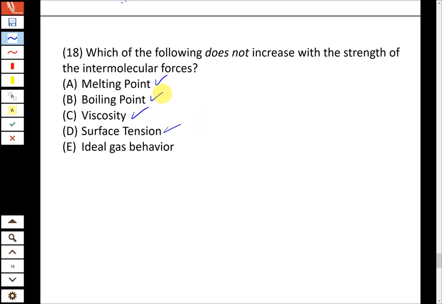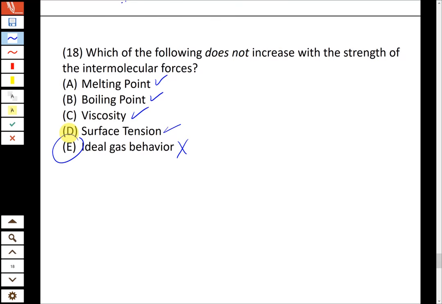So all four of those directly correlate with intermolecular forces, but then ideal gas behavior is the one where the stronger the intermolecular forces, the less ideal the gas will be. We talked about this in the previous problem, so this will be our answer. This is one that doesn't increase with the strength of intermolecular forces, because one of the assumptions of the ideal gas law is that there are no intermolecular forces between gas molecules.